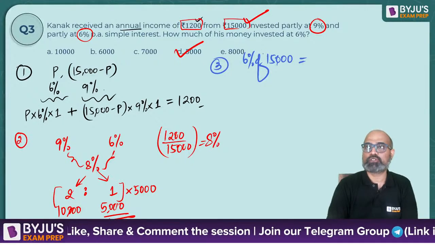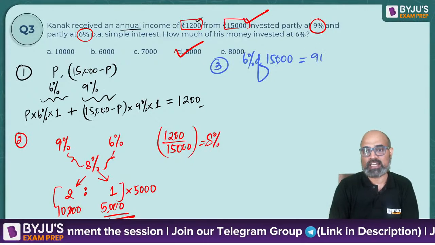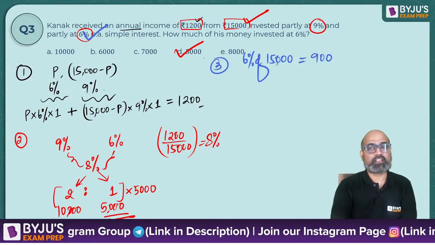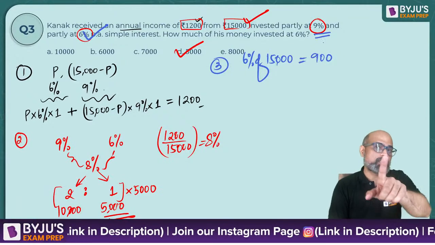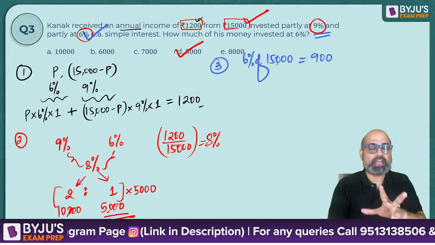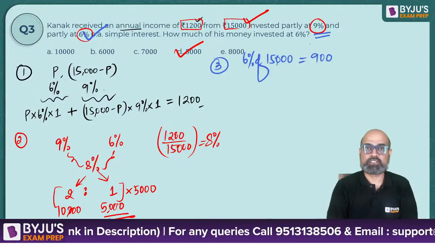So what is 6% of 15,000? So 15 into 6 is 90. So this is 900 rupees. So we are done with 6%. पर ये 9% का 6% पूरा नहीं हो पाया. Sorry, 9% का 9% पूरा नहीं हो पाया. कितना हो पाया 9% का केवल? 6%.